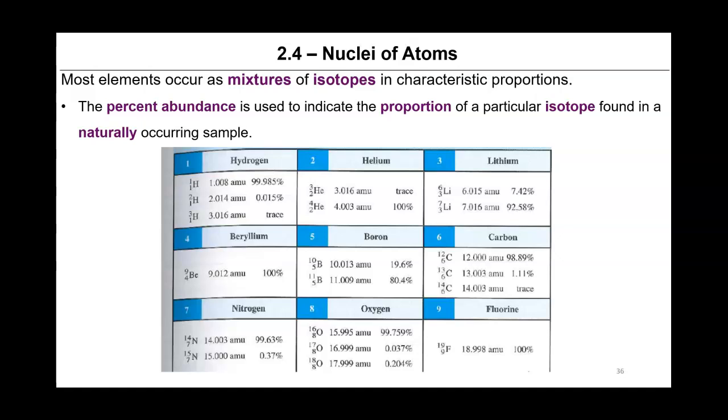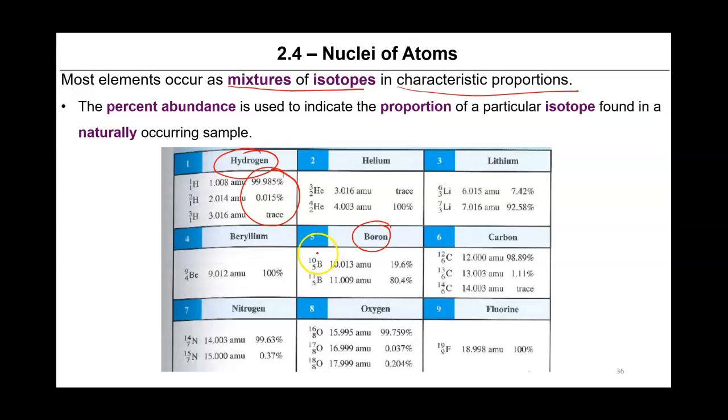Now, something that's important to recognize is that most elements occur as a mixture of isotopes, but fortunately those isotopes are in fixed proportions. For example, hydrogen is a mixture of the 3 isotopes that we mentioned previously, but they're always in these proportions.